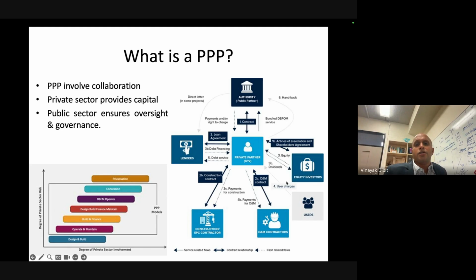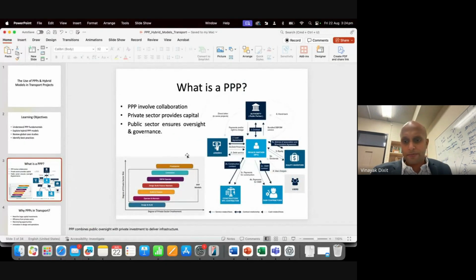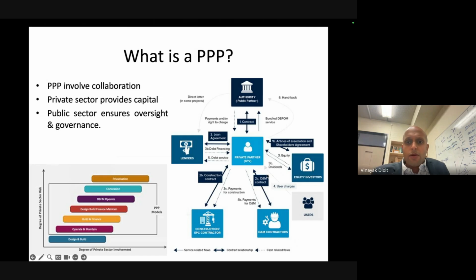Usually the way these PPPs work is there is a special purpose vehicle which has equity investors. You have lenders, banks and others, who are providing debt, and you have to service that debt. How are you going to service the debt? By the revenue that the infrastructure is going to generate.